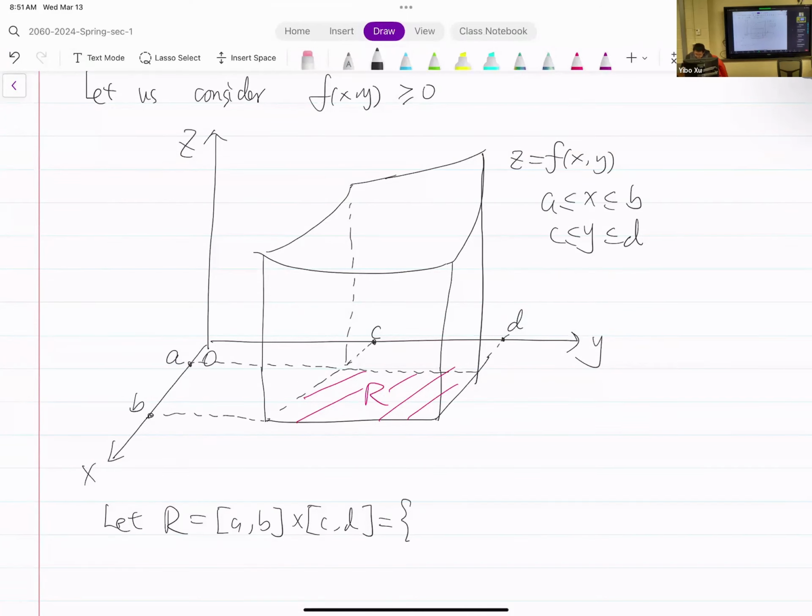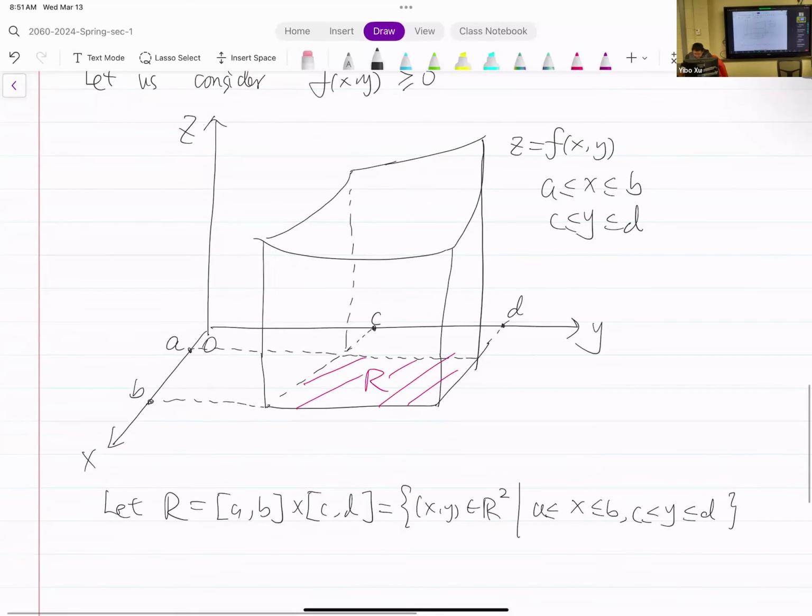Let me write down the set. So here, this is all the x y pairs within the x y plane, the two-dimensional plane, where my x value is between a and b, my y value is between c and d. Okay, so this R is a rectangle on the x y plane. So our question here is, what is the volume of the solid that's above R and below the surface?